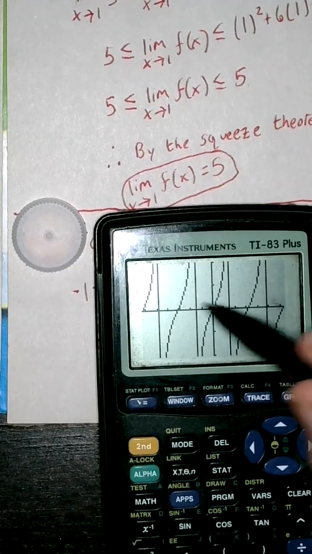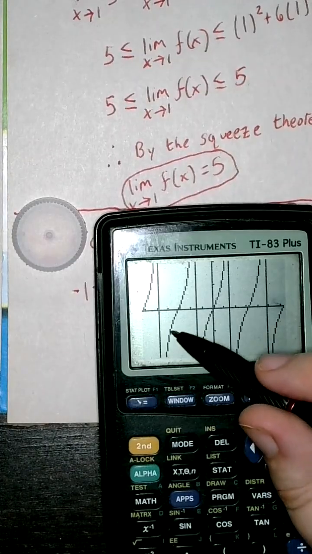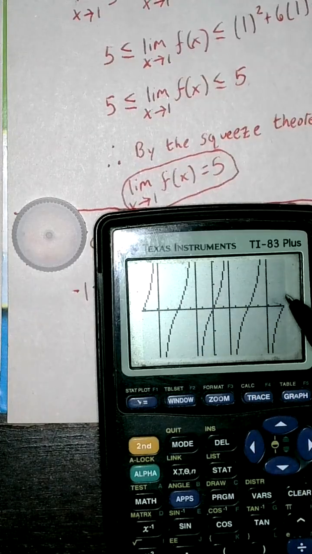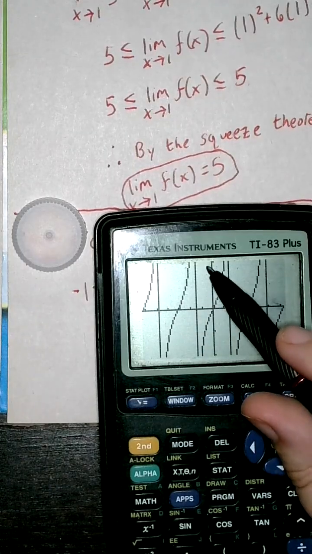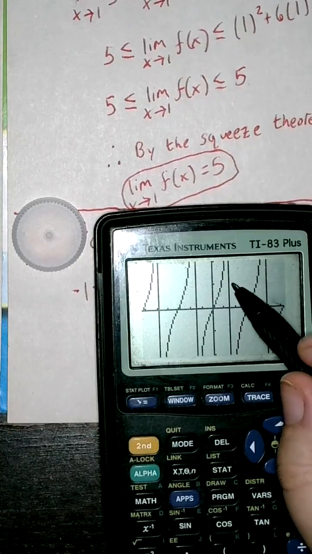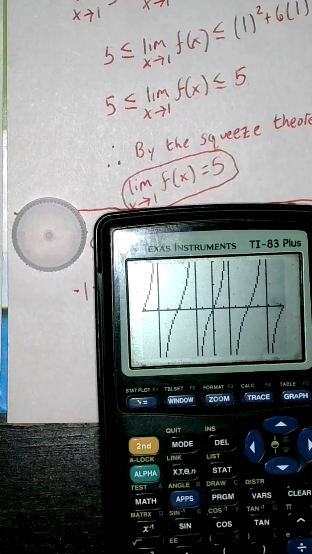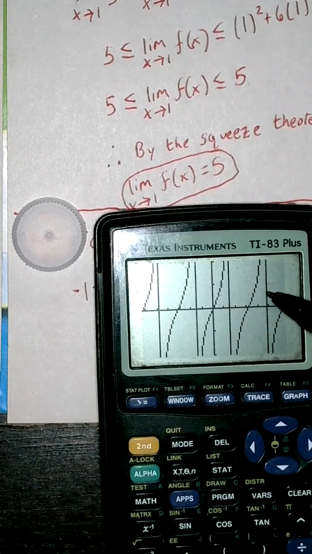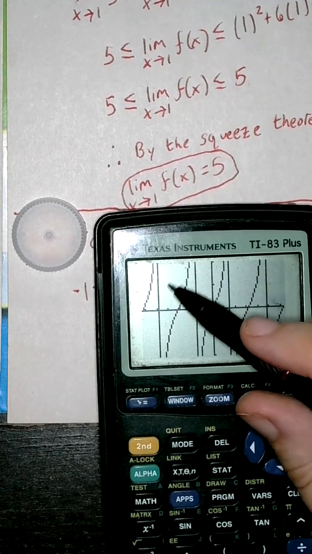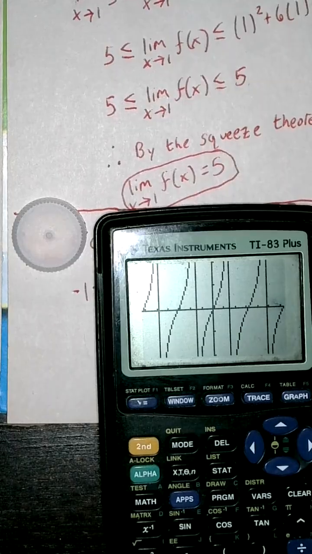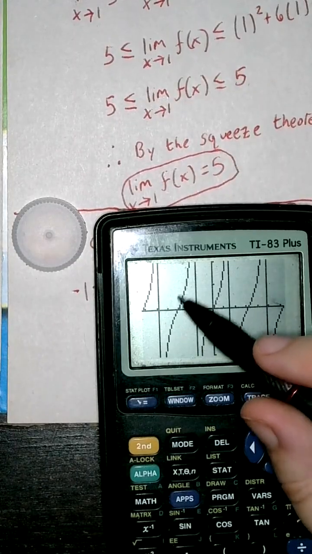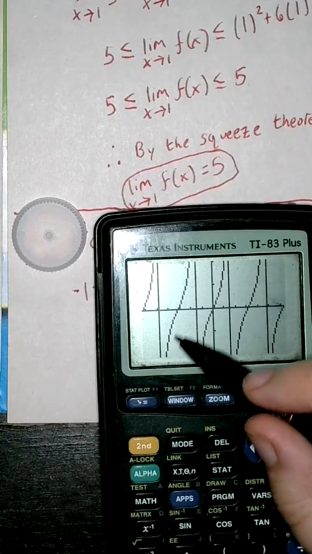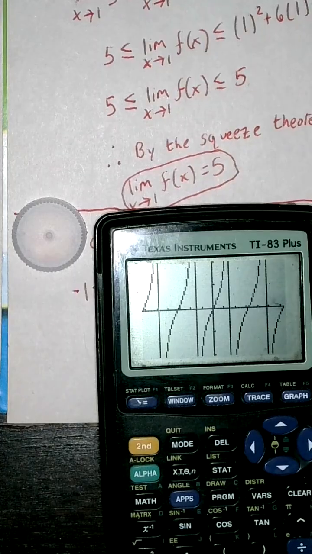As you can see, I have vertical asymptotes here at pi over 2, 3 pi over 2, negative pi over 2, and negative 3 pi over 2. Unlike sine and cosine, where I have a wave, here I have something a little more complex.